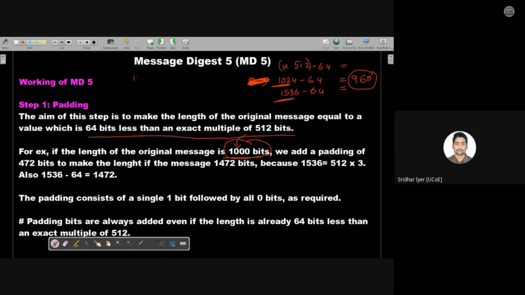So basically what we are doing is multiplying 512 with 1, with 2, with 3, and then taking 64 bits out of it because it is given according to the algorithm. And we will get some values. For example, I guess 448 if I'm not wrong. Whatever answer you get, just fill it up here. This is I guess 960, and then accordingly whatever your answer is.